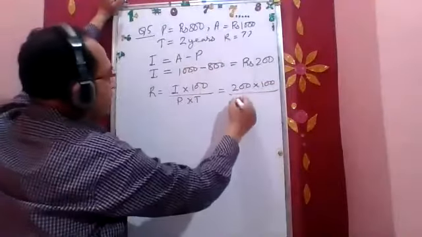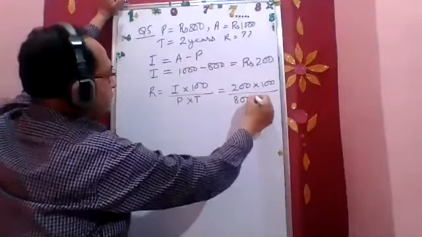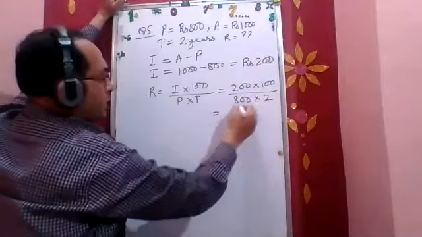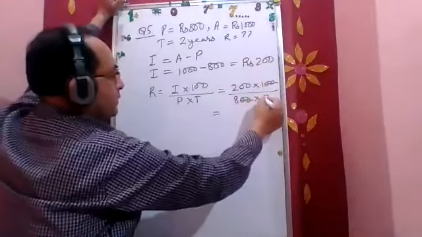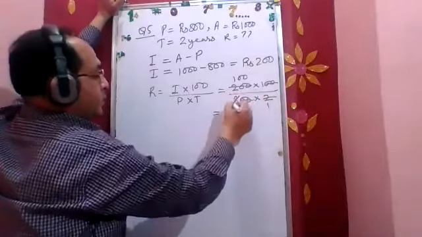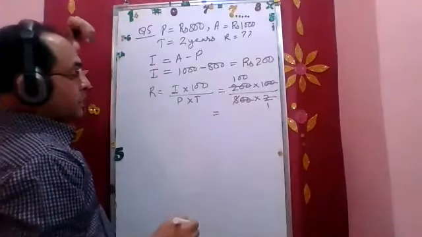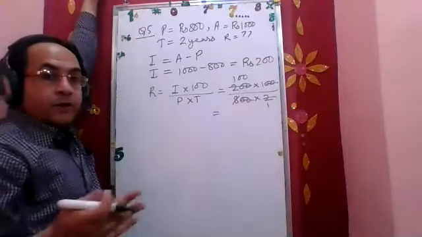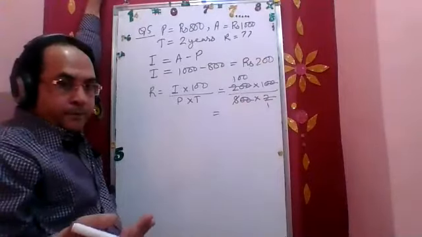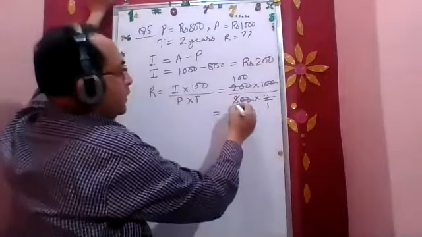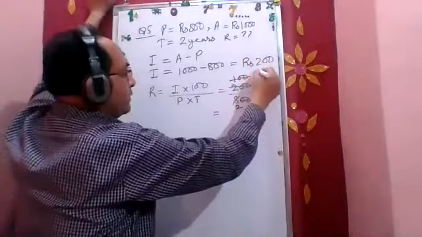Now P is 800. Don't write into 2, that is the time. So you can calculate now, these two will cancel. 2 ones are 100. If you observe, this kind of cancellation we are doing for at least the fourth time: 4 2s are 8 and 4 25s are 100.